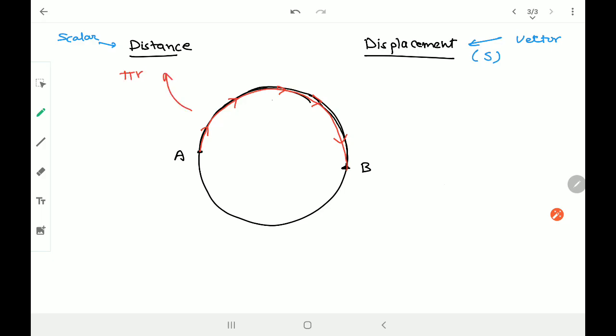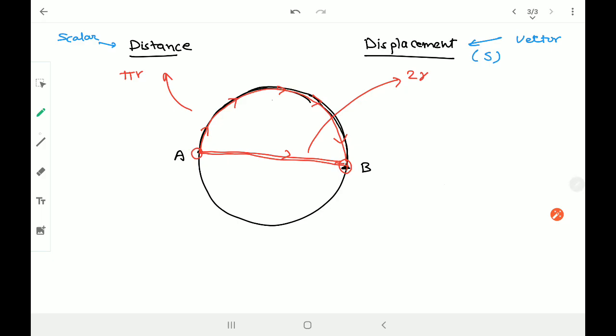It is equal to pi r, because the circumference of a circle is 2 pi r and this is a semicircle, so half of 2 pi r means pi r. And distance AB, which is the diameter, 2r, is the displacement, because the ant was here and now it is here. So the direct distance from the initial position to the final position is AB, which is equal to 2r, and that is called the displacement.